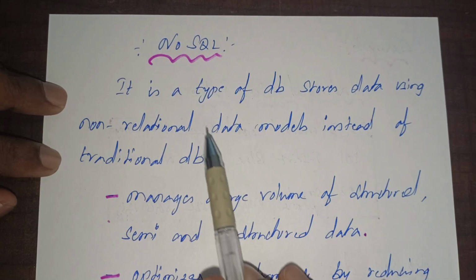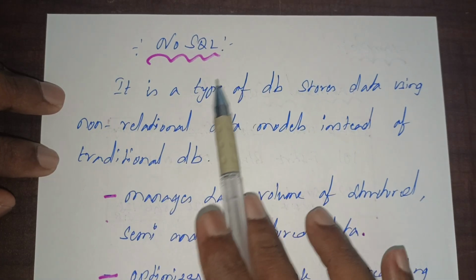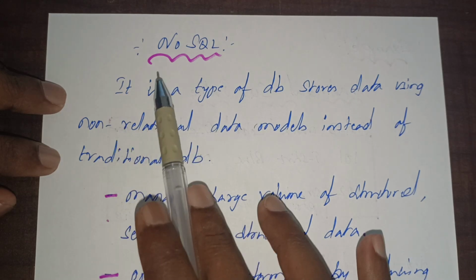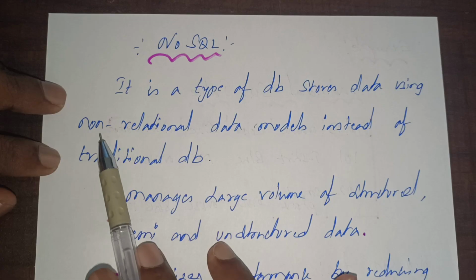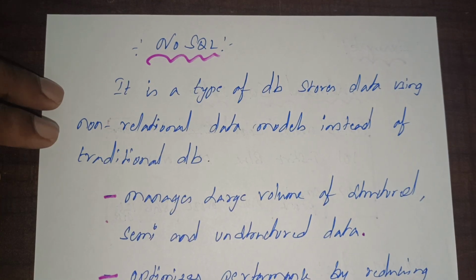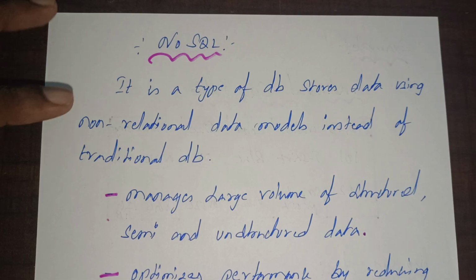But NoSQL is managing non-relational data models. We are going to see that with basic examples.